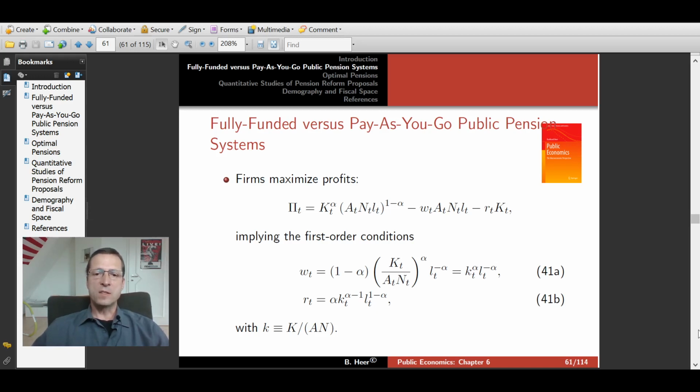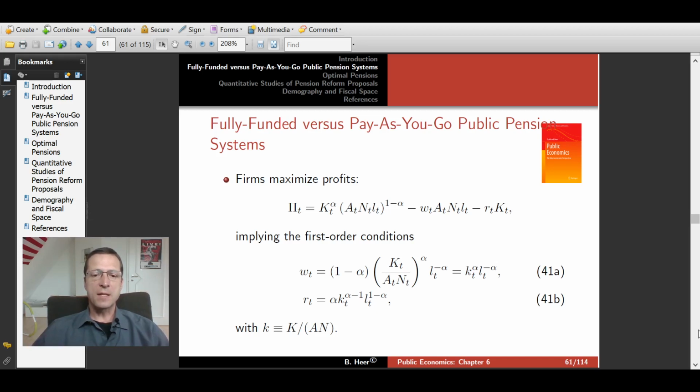The firms maximize profits, and we know this profit optimization calculus from chapter 3. And the wage rate is equal to the marginal product of labor and the interest rate equal to the marginal product of capital, where we have defined lowercase k as the capital stock per effective worker.